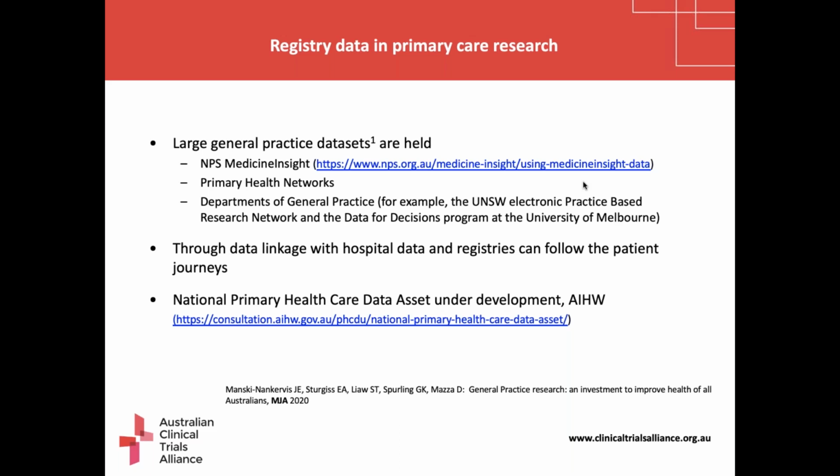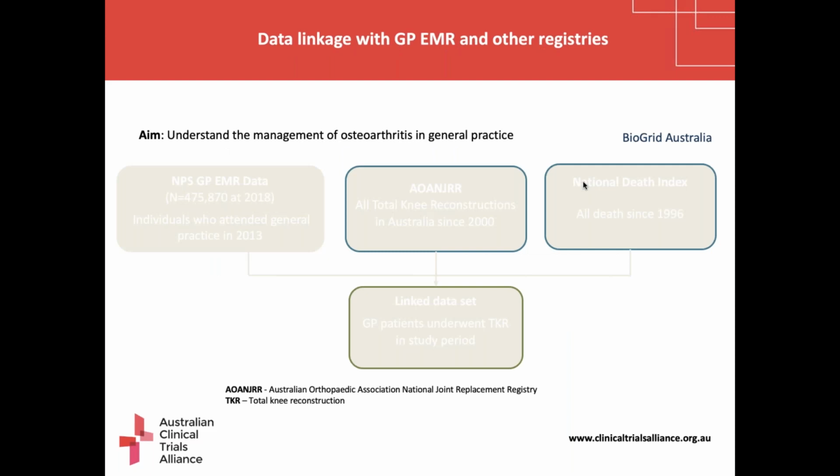So there are also lots of opportunities to link this data with other hospital data and registries, and therefore you can follow the patient's health journey throughout the whole health system. Currently, there's also a data asset under development looking at primary healthcare data. The next slide presents an example of how the GP electronic medical data can be linked with other sources.